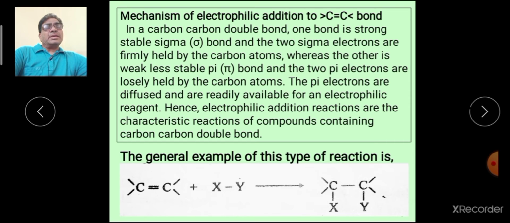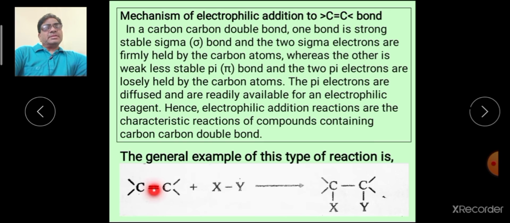The pi electrons are diffused and readily available for electrophilic attack, that is by an electrophilic reagent, and hence electrophilic addition reactions are the characteristic reactions of compounds containing a carbon-carbon double bond.